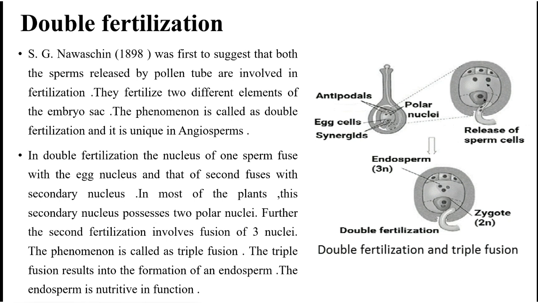One male nucleus will fuse with the egg and form the zygote. Another male nucleus will fuse with the polar nuclei or secondary nucleus to form the primary endosperm nucleus, and from the primary endosperm nucleus endosperm will form, and from zygote seeds are formed, and the entire ovary of the female reproductive part will transform into the fruit.